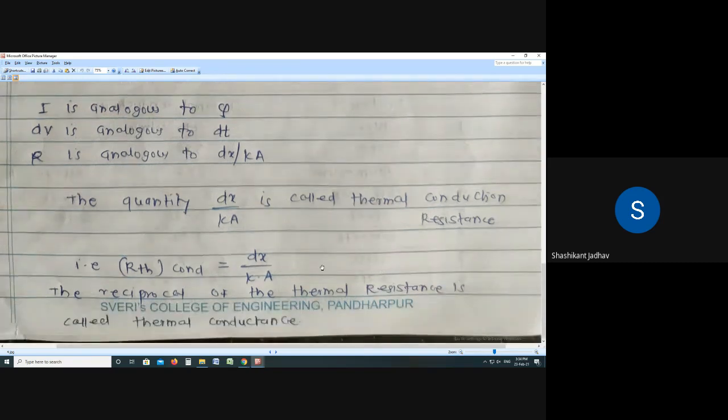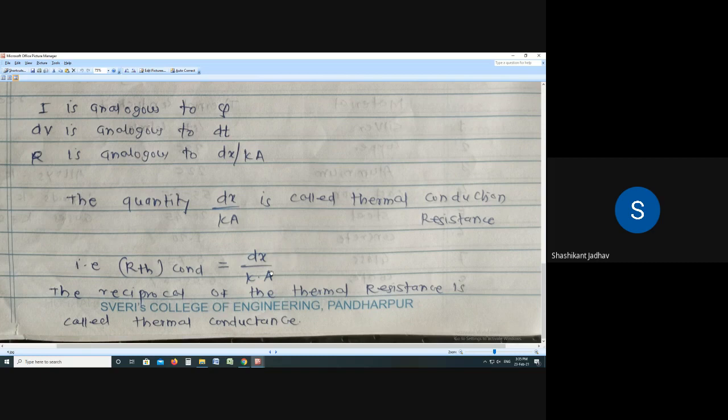So that is, write down in bracket, that is next line, R thermal conduction is equal to, what is the notation for thermal conduction resistance? That is R_th, R with suffix th, bracket complete, conduction is equal to dx by k.